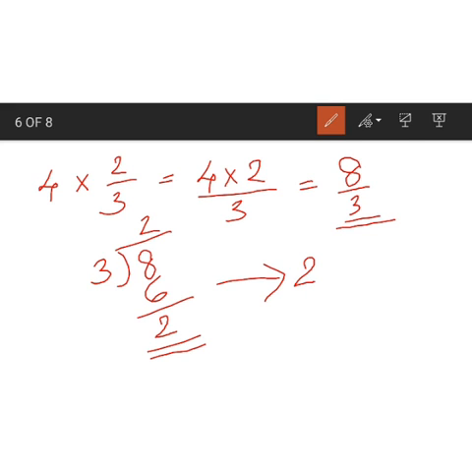So keep 2 here. Now keep the remainder as the numerator. So keep 2 here, and the divisor as the denominator. So this will become 8 by 3 is equal to 2 2 by 3. This will be our answer.